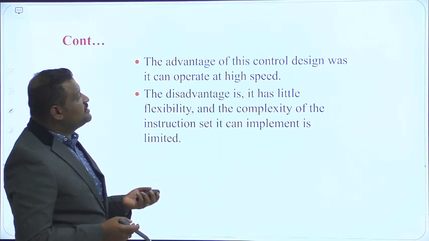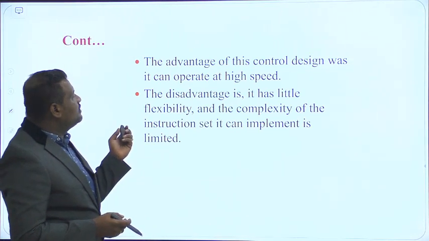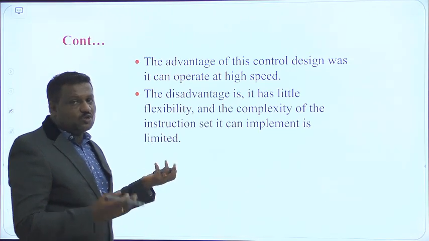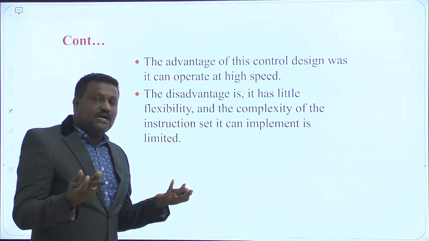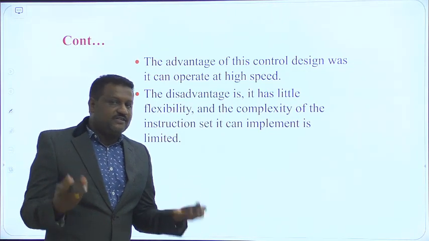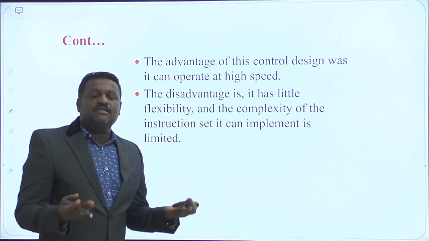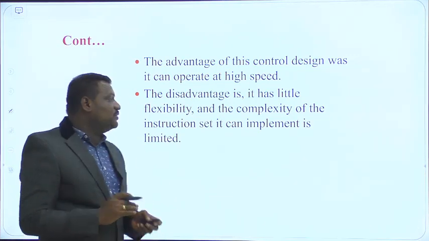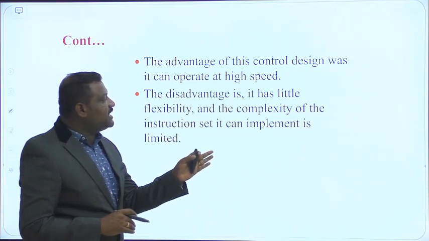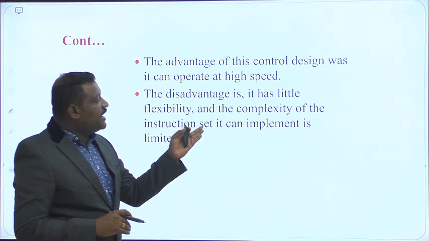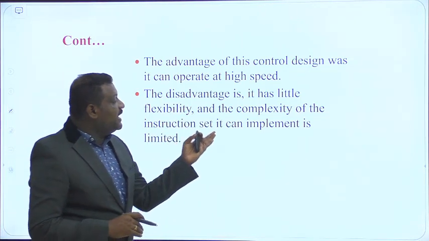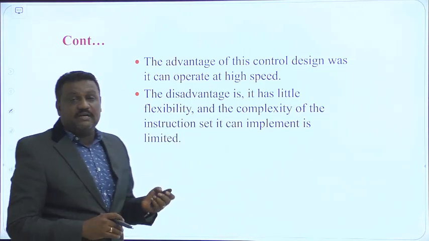The advantage of this control design is that it can operate at a higher speed, because all are hardware devices. Those hardware devices generate control signals at a faster rate, so this is a high speed control unit. The disadvantage is that it has little flexibility, and the complexity of the instruction set it can implement is limited.